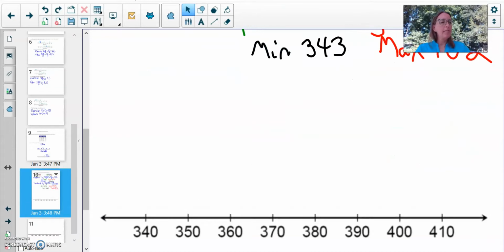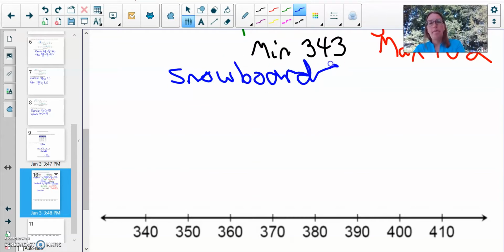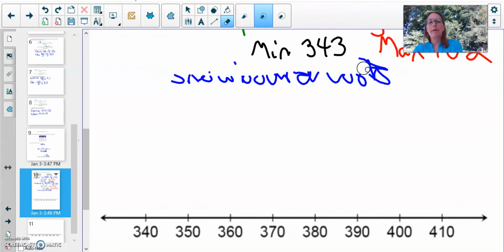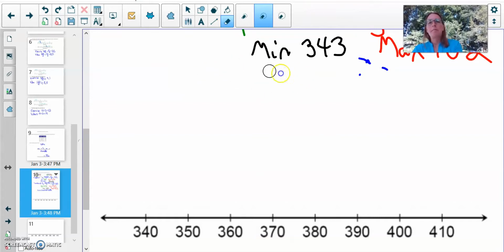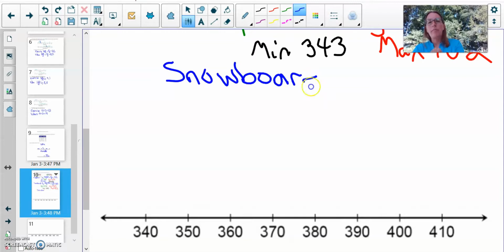Okay, so I'm going to start with my data about, I'll have my title, so I'll call it snowboard costs. Let me write that neater for you. Okay, so I have snowboard costs.